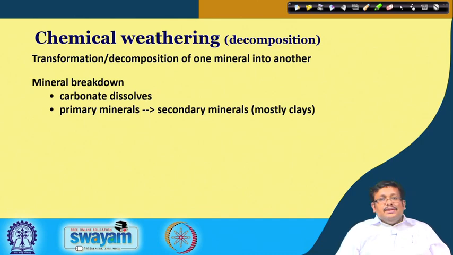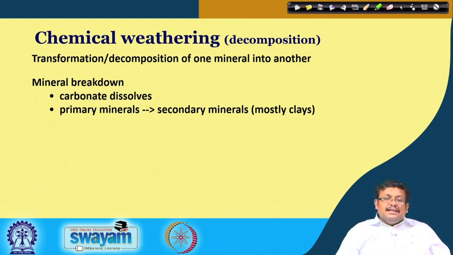Now, in the last class I mentioned that chemical weathering is called decomposition because it changes the chemical nature of the soil. Some examples are dissolving of carbonates and conversion of primary minerals to secondary minerals. Primary minerals are present mostly in the rocks, whereas secondary minerals are mainly present in the clay fractions, and some primary minerals like quartz are predominant in the sand and silt fractions of the soil.